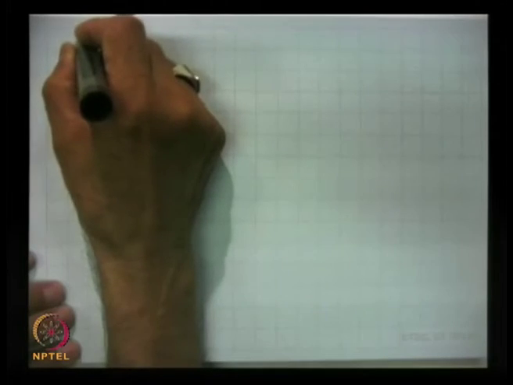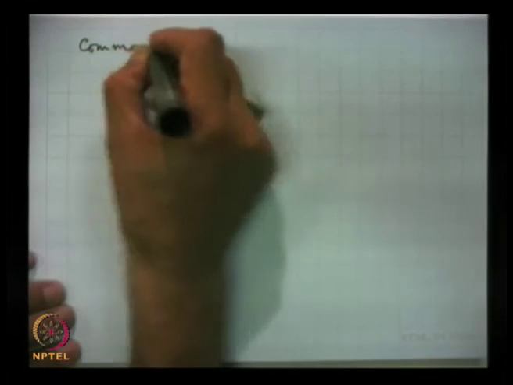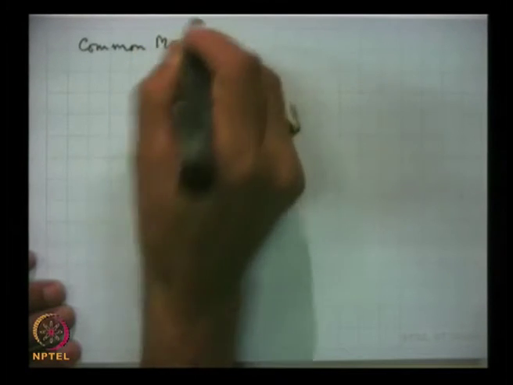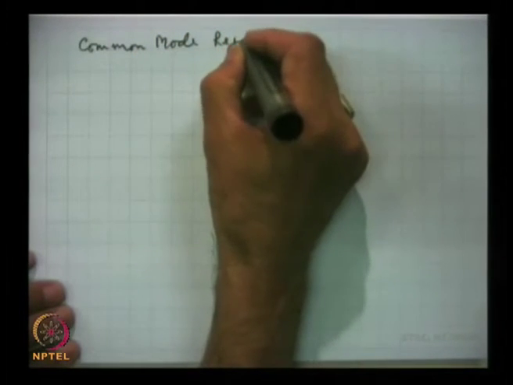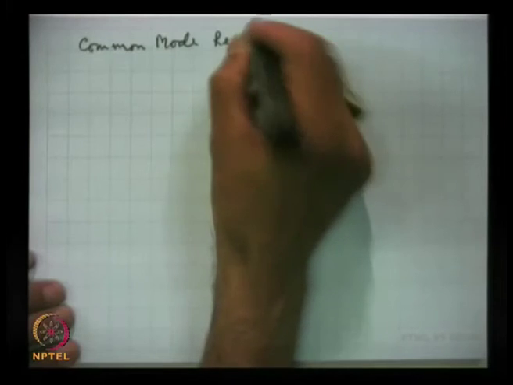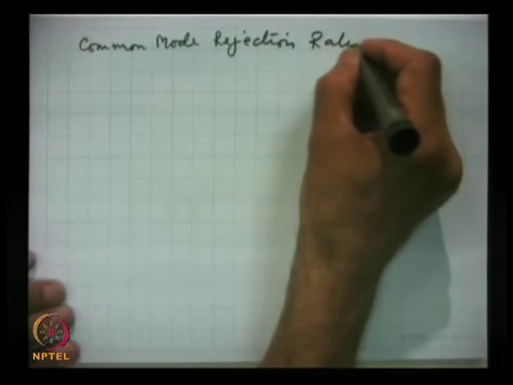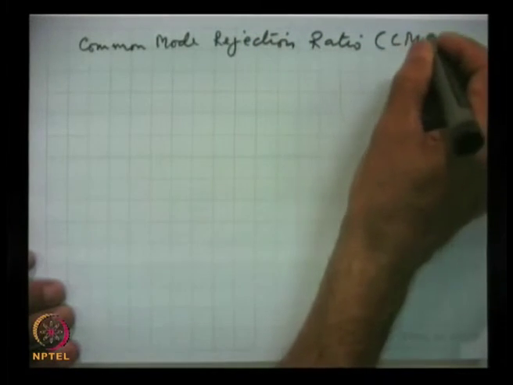Now, we take a very important characteristic for operational amplifiers. 2 characteristics are quite important. One was the common mode rejection ratio, CMRR.